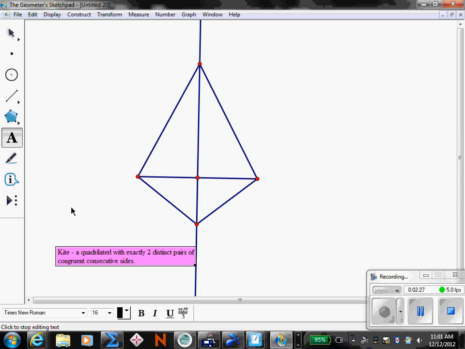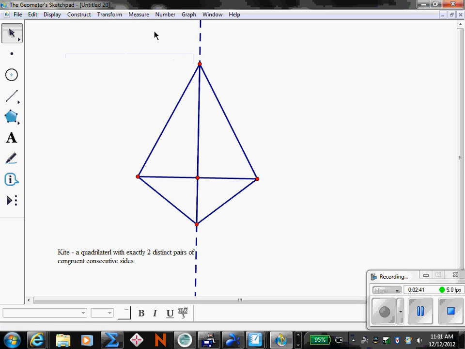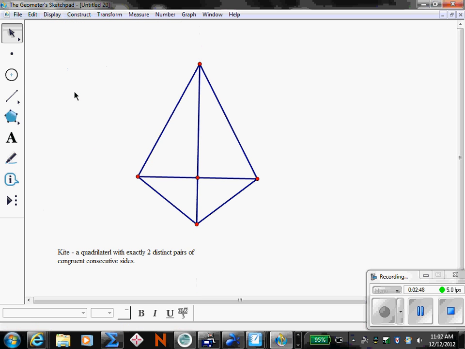Okay, so if I'm looking at the picture, let's construct this diagonal here as a segment, and then I can get rid of the perpendicular line. So I'm going to hide this line, and we're just going to look at it like this for just a second. Okay, so there's my kite. I can slide this point up and down.